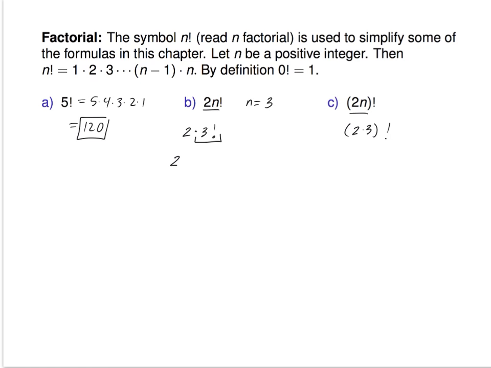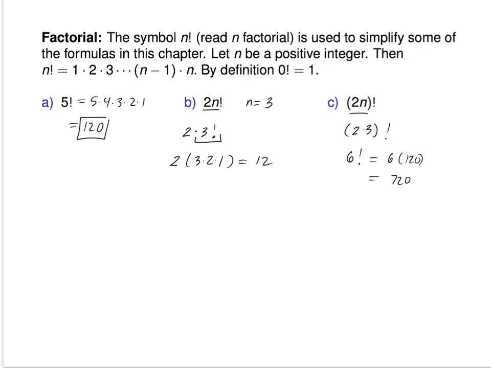So that would be 2 times 3 times 2 times 1, which equals 12. Versus this one, which is 6 factorial, which is 6, 5, 4, 3, 2, 1, or 6 times 120, which is 720. So that's why they're different. They're very, very different.